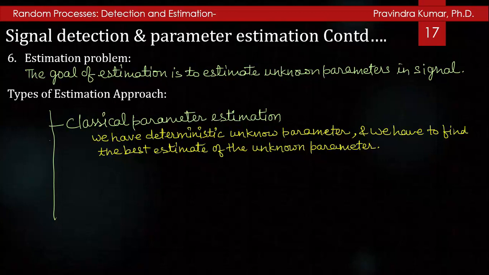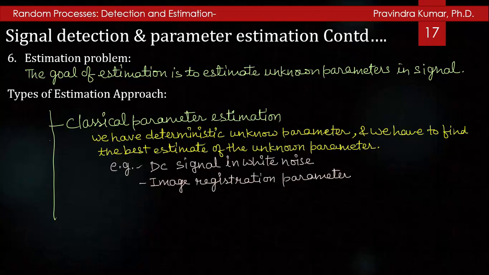Means we have a deterministic unknown parameter and you have to find the best estimate. For example, a DC signal in white noise, image recognition parameters, channel model.